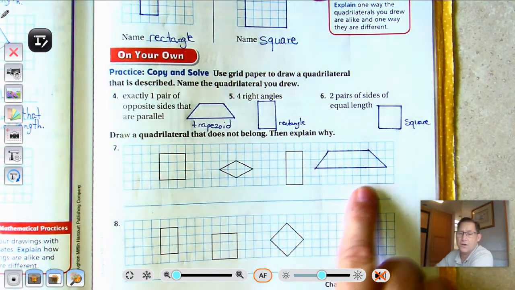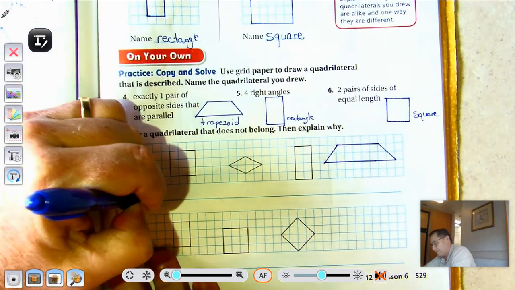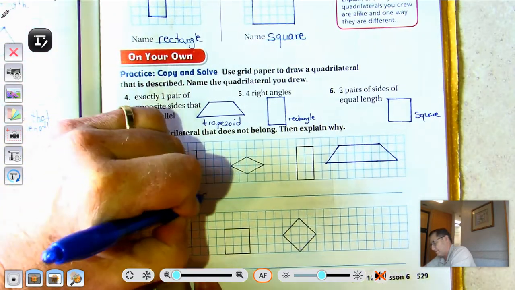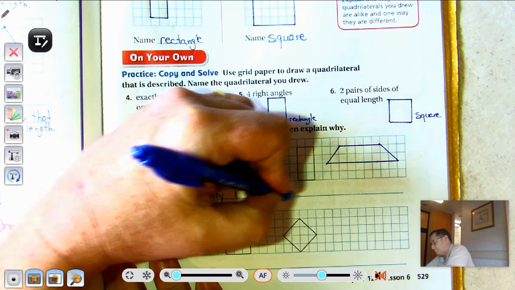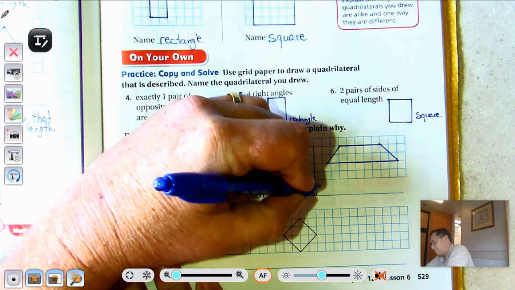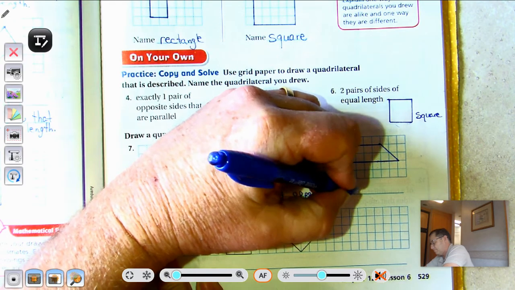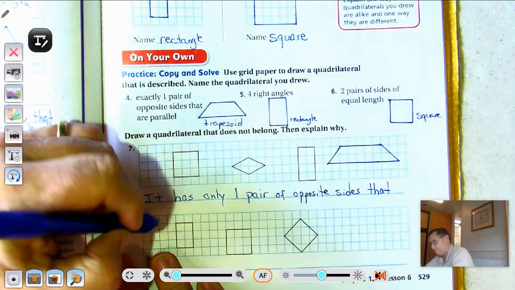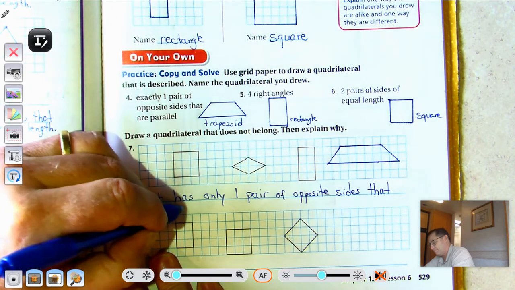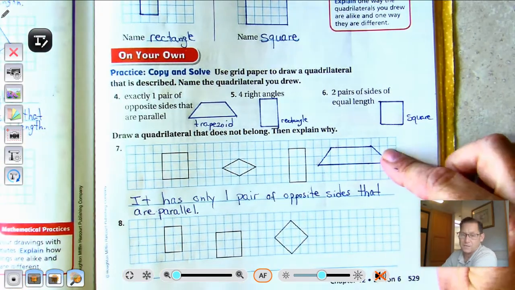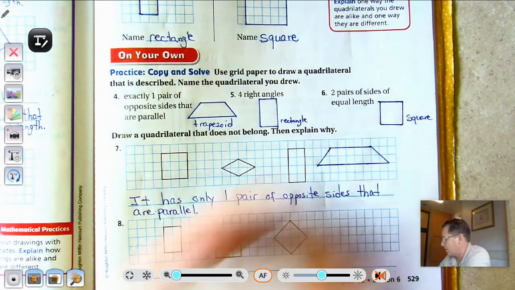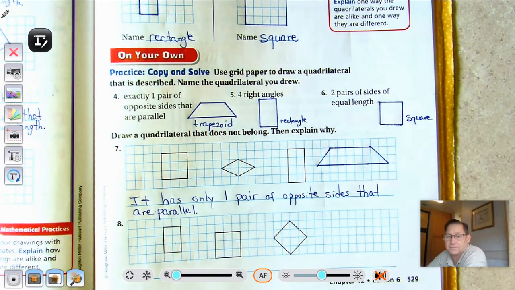Why does this shape not belong? So that's one possible answer. It's not the only answer. You could have drawn a shape that doesn't have any pairs of opposite sides that are parallel. Just that it had 4 sides.